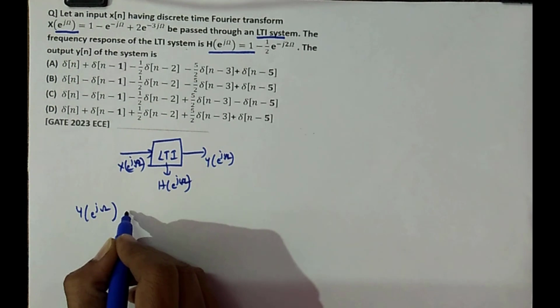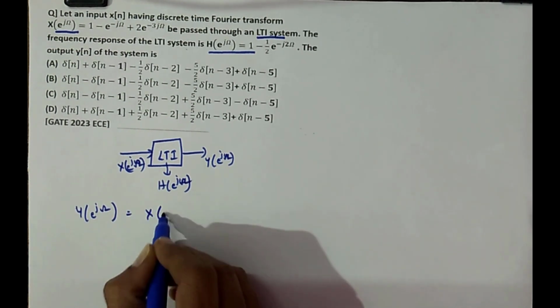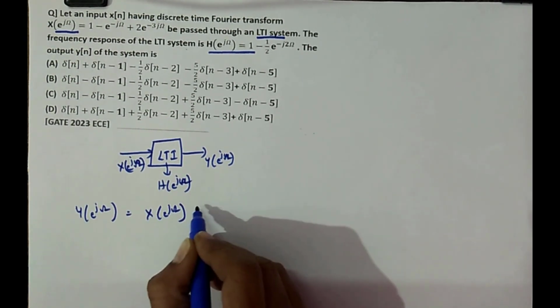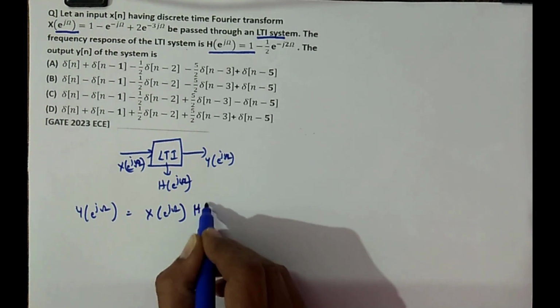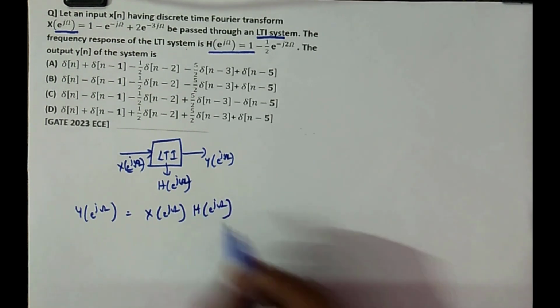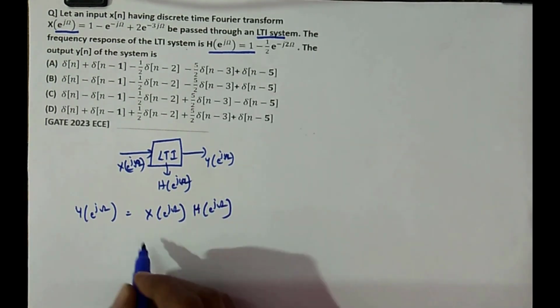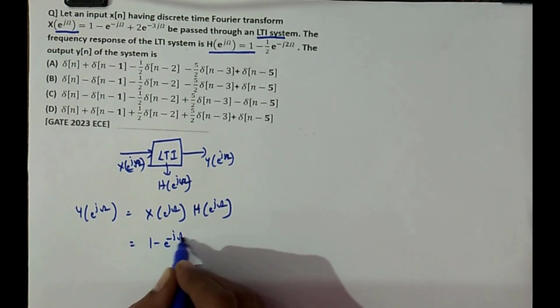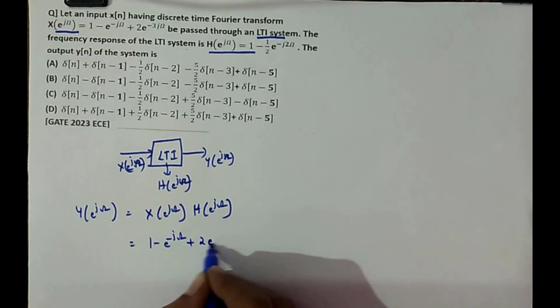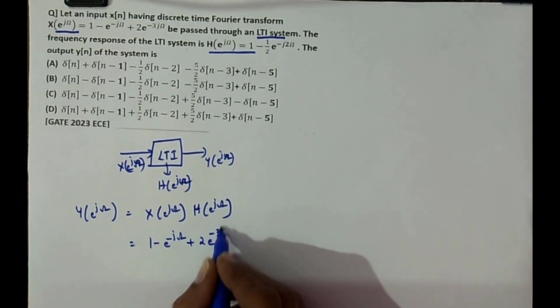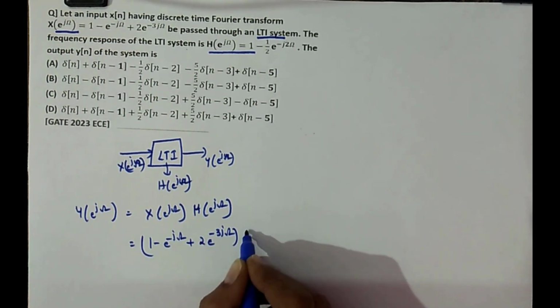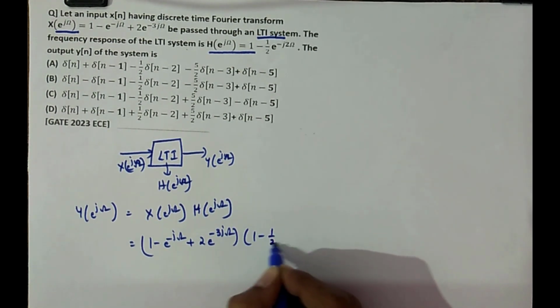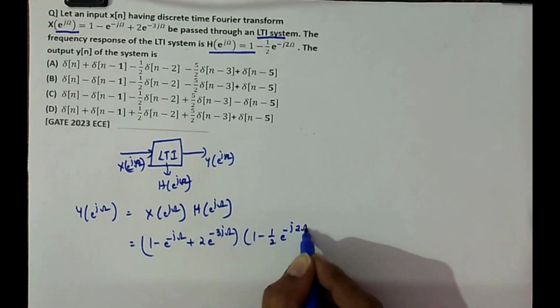Y of e power j omega is simply x of e power j omega times h of e power j omega. So you have to multiply 1 minus e power minus j omega plus 2 e power minus 3j omega into 1 minus half e power minus j2 omega.